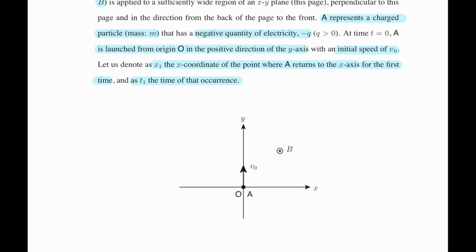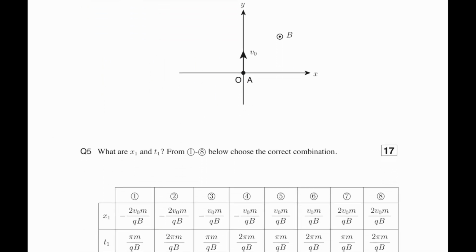So x1 is the point where A returned to the x-axis for the first time, and t1 is the time taken for the particle to return to the x-axis for the first time. We want to find x1 and t1. From the table, from 1 until 8 below, choose the correct combination.